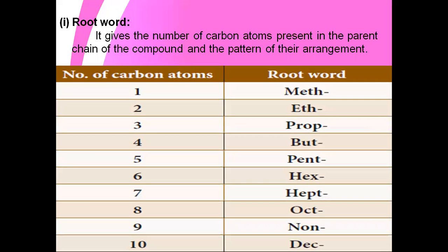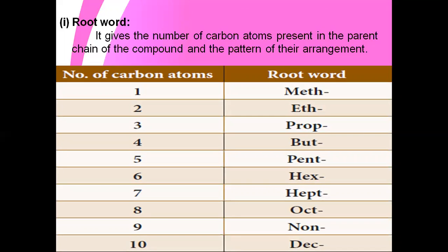First, the root word. It gives the number of carbon atoms present in the parent chain of the compound and the pattern of their arrangement. First we count how many carbon atoms are present in the compound. One carbon: the root word is meth. Two carbons: eth.